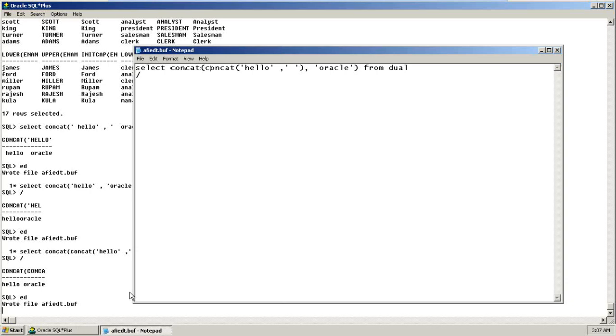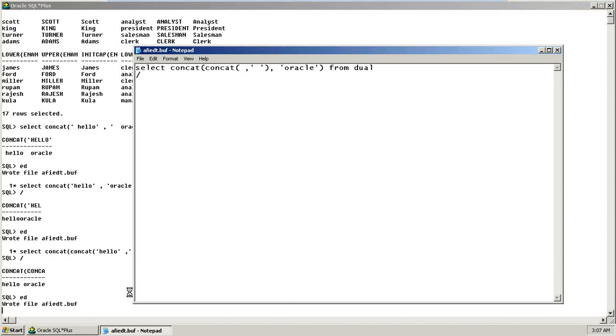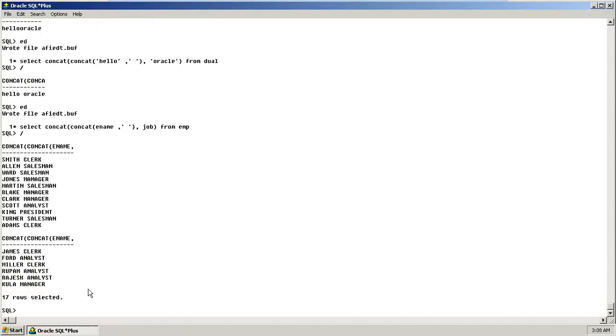Similarly, if you want to concatenate employee name, and also you want to concatenate designation from EMP, then you see both will get concatenated.